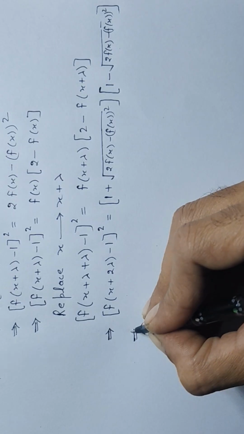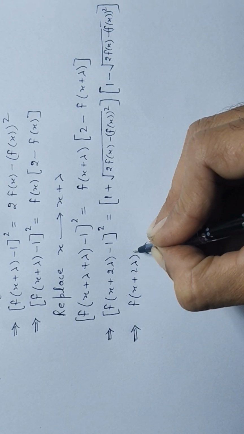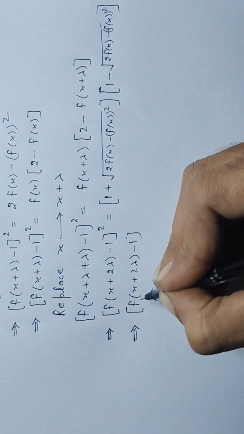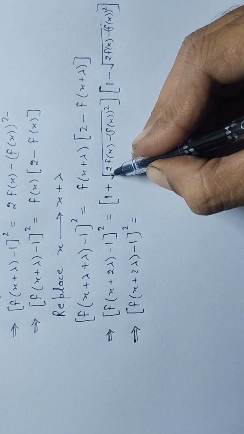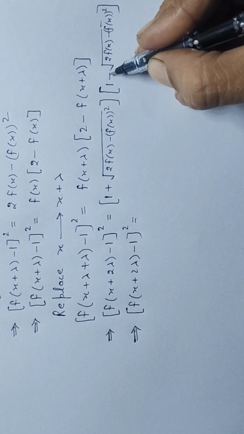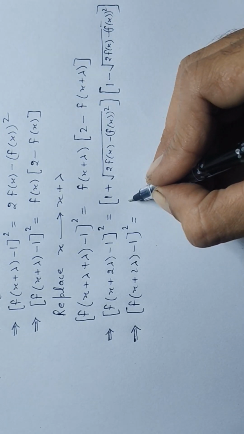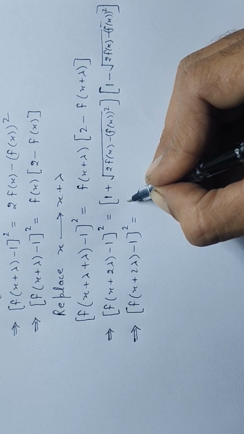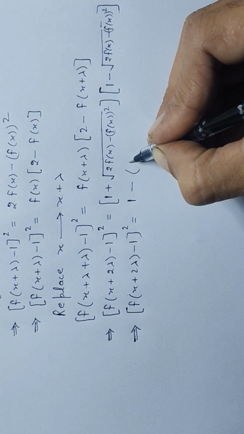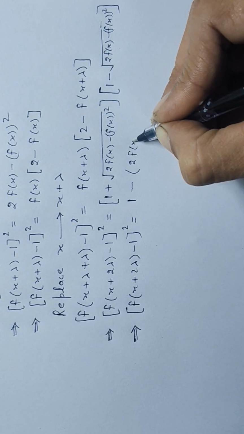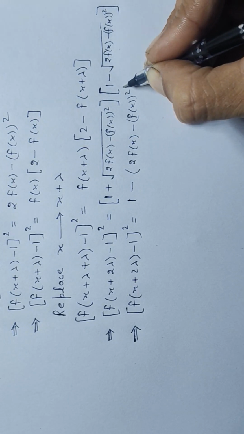So we get (f of x plus 2 lambda minus 1) whole squared equal to: this is 1 plus something, this is 1 minus something. So a plus b, a minus b, we get a squared minus b squared. So 1 minus 2 times of f(x) minus f of x squared.